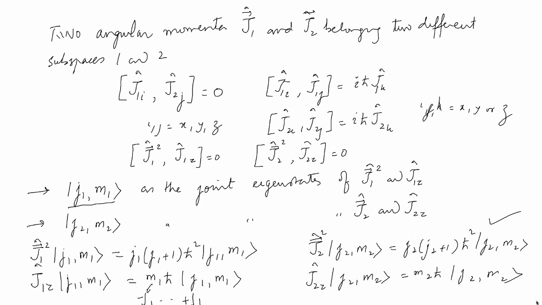That means I can write that the possible values are minus J1, minus J1 plus 1, up to J1 minus 1, and J1.